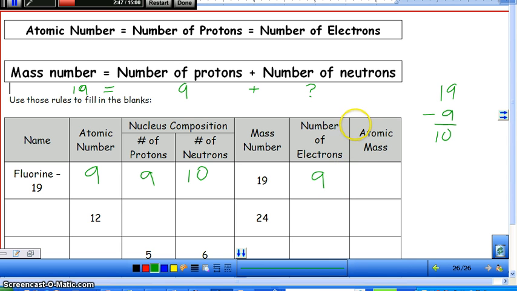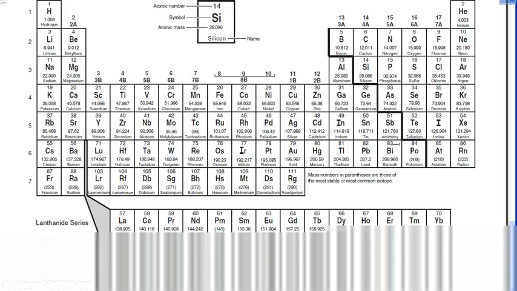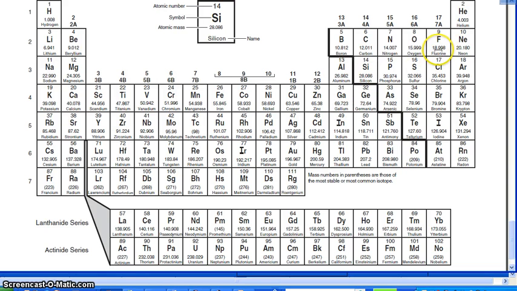Now on your paper, I want you to write average up here. Remember I told you that some fluorine is fluorine 18 and some is fluorine 19. But if we look at the periodic table, we'll see that this atomic mass here is 18.998.